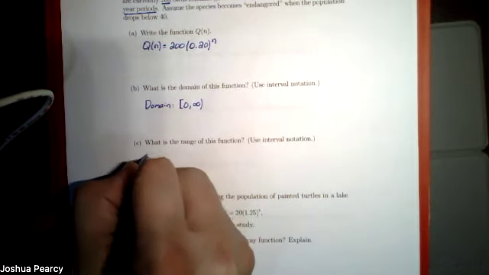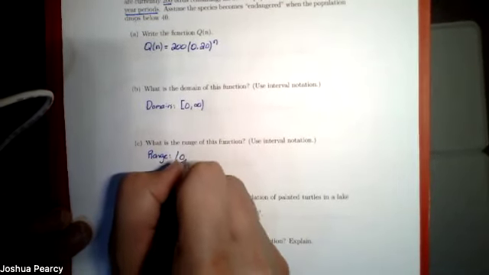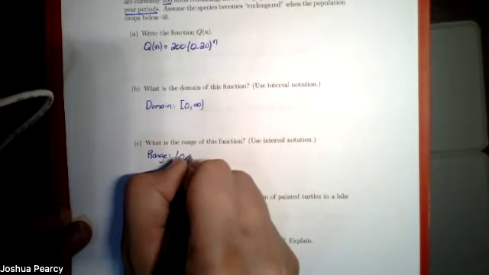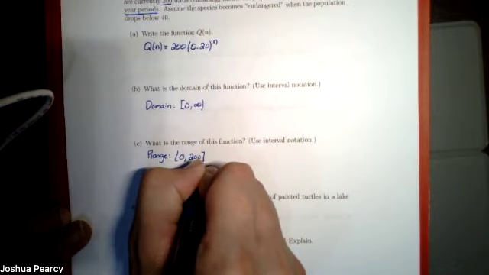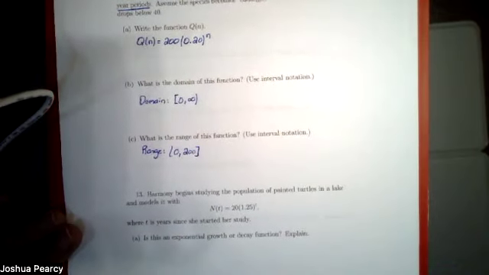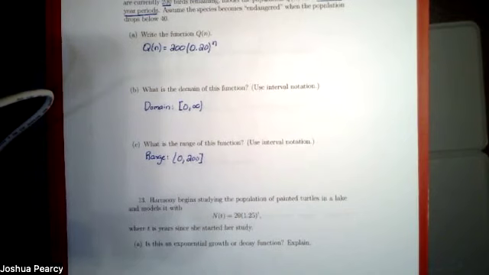So we can technically never hit 0 because we're still going to have birds in the population. So 0 is going to be our lower limit, and 200 would be our upper limit because of the amount of birds we started with. Notice that this 40 did not come into play anywhere in this. So let's go ahead and move on to the next one.